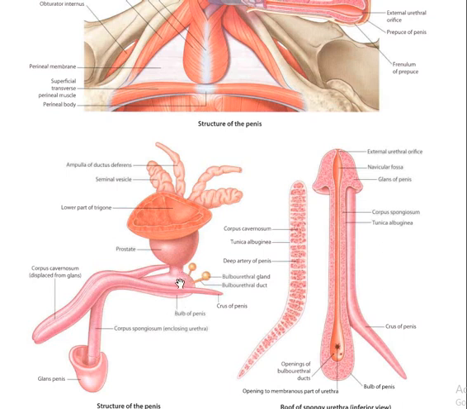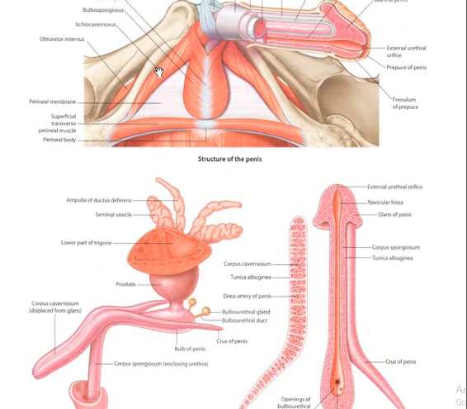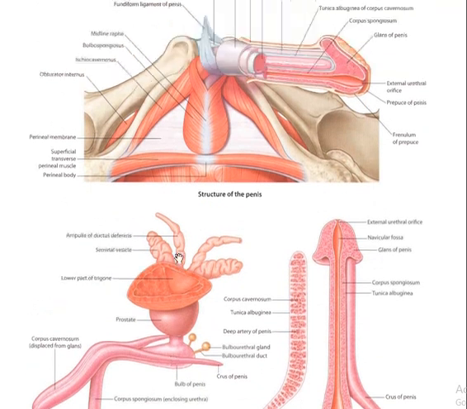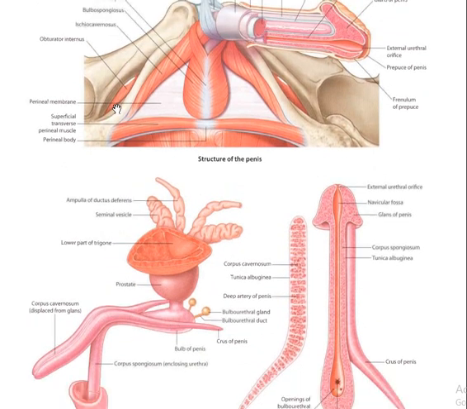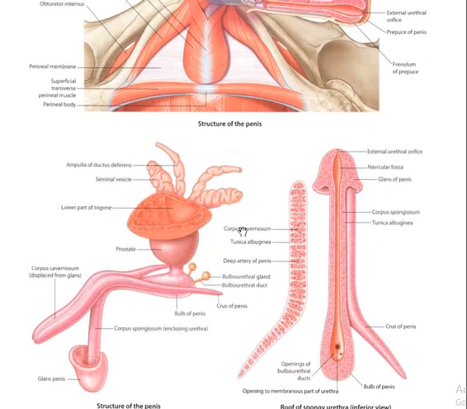This is the bulb of the penis, which is going to form the corpus spongiosum, and these other crura are the crura of the penis, which are going to form the corpus cavernosum. The crura of the penis are covered by the ischiocavernosus muscle, while the bulb of the penis is covered by the bulbospongiosus muscle.